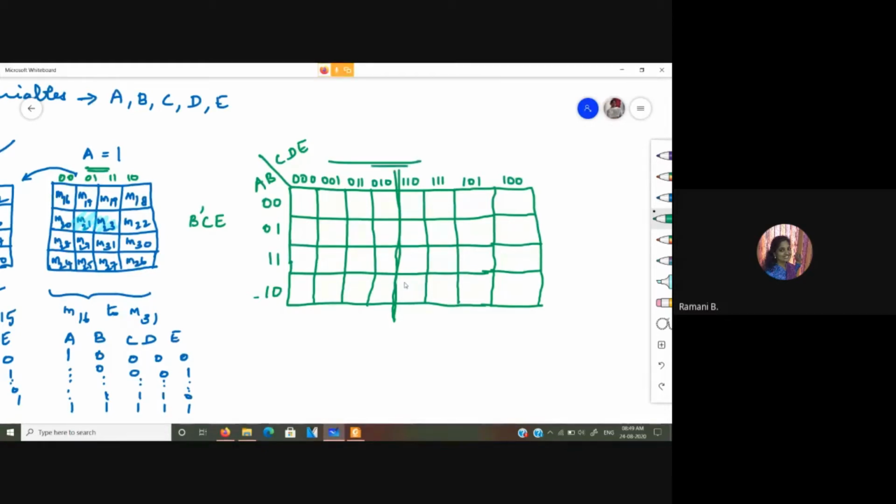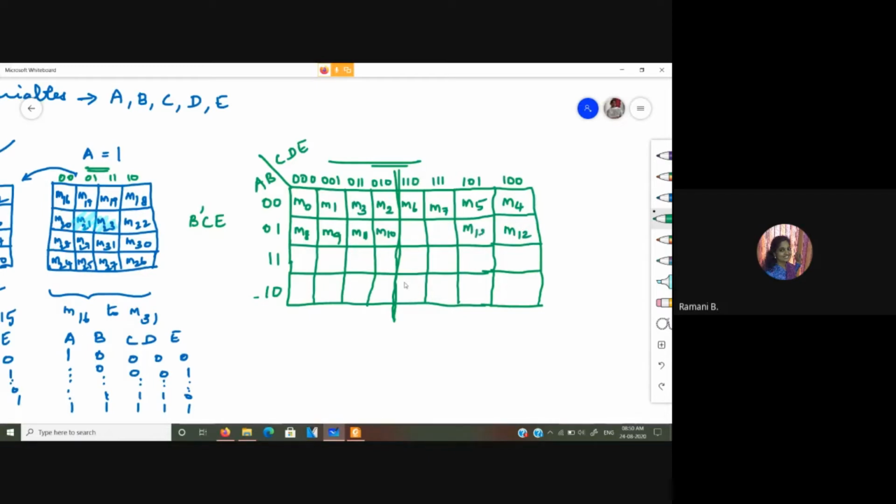In this, your minterms will be: this is all zeros, so this corresponds to M0, M1, this is 0 0 0 1 0, so M2, M3, and M4 is in this position, 0 0 1 0 0. This is M4, M5, M6, M7, M8, M9, M10, M11, and similarly 0 1 1 0 0, so M12 is here.